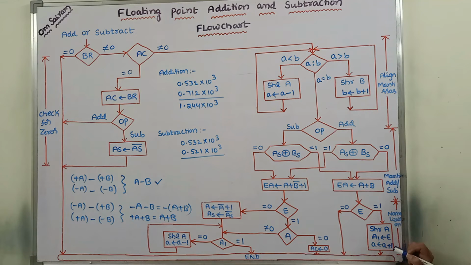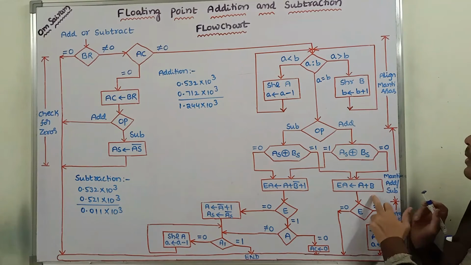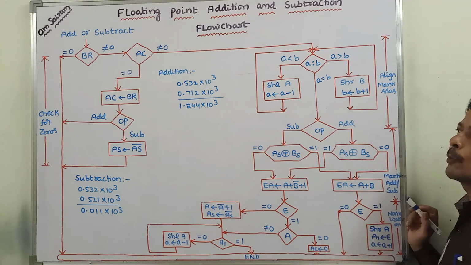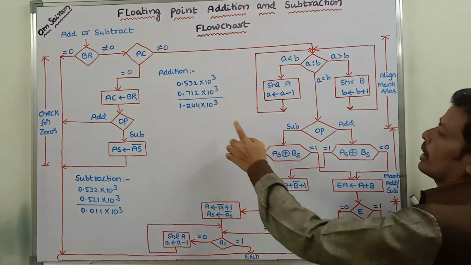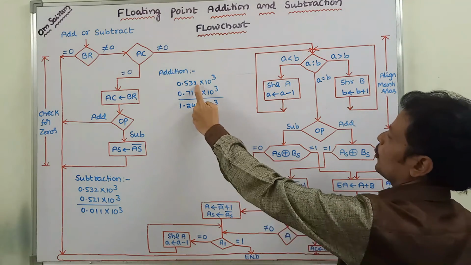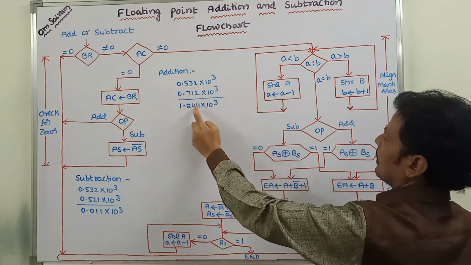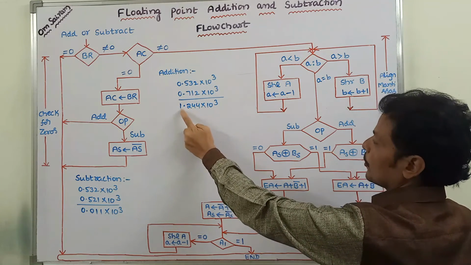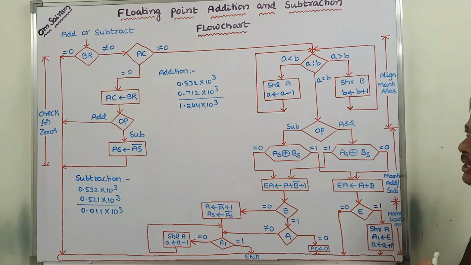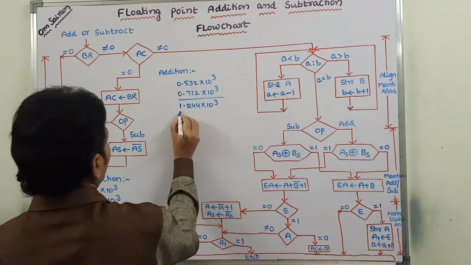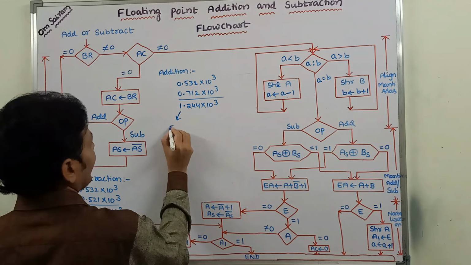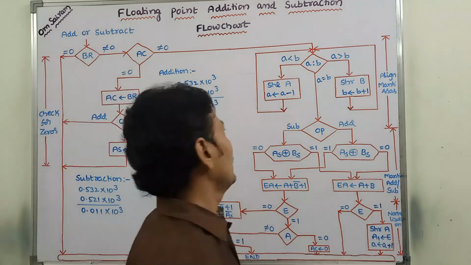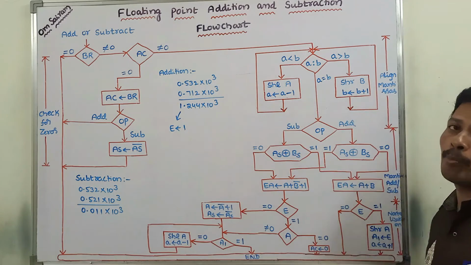After performing the addition of the mantissas of two floating point numbers, we are getting this result: 2 plus 2, 4; 3 plus 1, 4; 7 plus 5, 2 with carry 1. So here the carry bit is generated. The carry bit is 1, that can be transferred to E. E is nothing but the extended flip-flop.